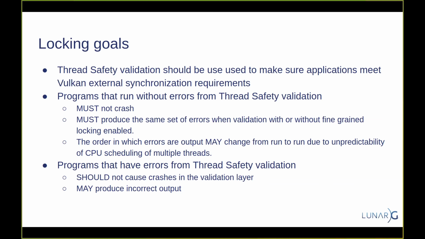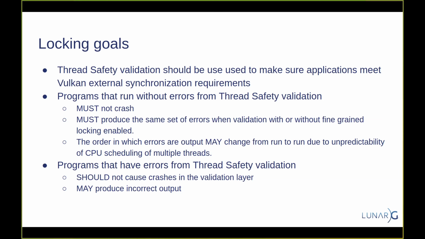That said, we're not trying to change how Vulkan works, at least explicitly. So our assumption is that applications should use thread safety validation to make sure that they're following Vulkan's guidelines for multi-threading. And our goals are that applications that don't have errors from thread safety validation won't crash.